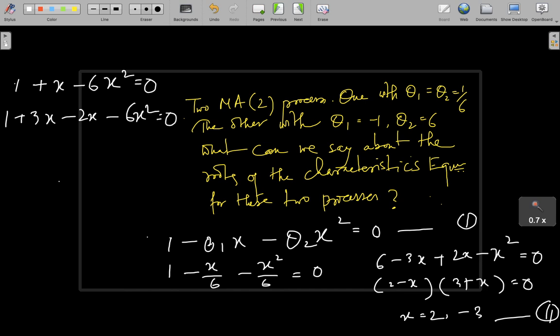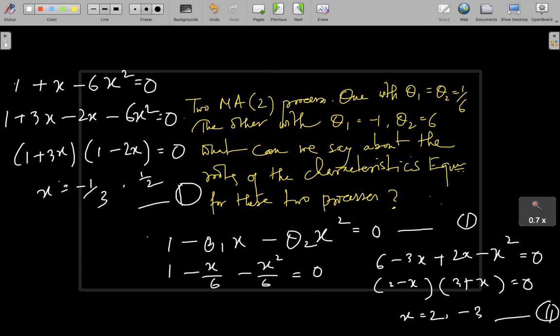Then it actually becomes very simple. 1 plus 3x is going to be one part of it, and then here I can take 1 minus 2x common, equal to 0, which means my x is going to be minus 1/3, and my x is going to be half, right? So which means if I see my equation 2 and 3, I can write the roots are reciprocal. The roots are reciprocal.